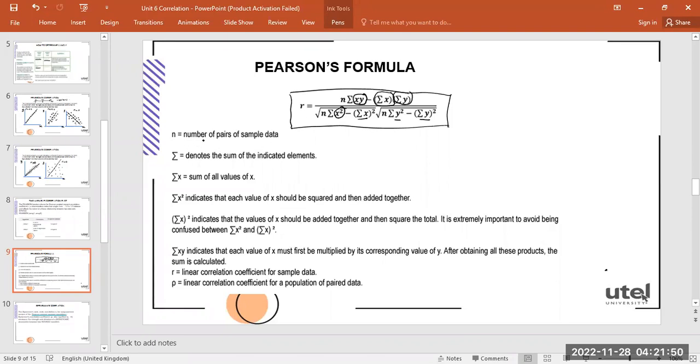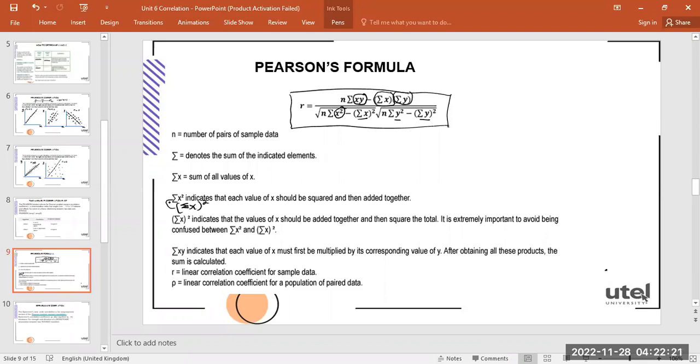N refers to the number of pairs of sample data that we are studying. Sigma denotes the sum of all the indicated elements. Summation x implies the sum of all values of x. Summation x squared indicates that each value of x should be squared first before being added. So we should take note of the difference between summation x squared and summation x all squared.